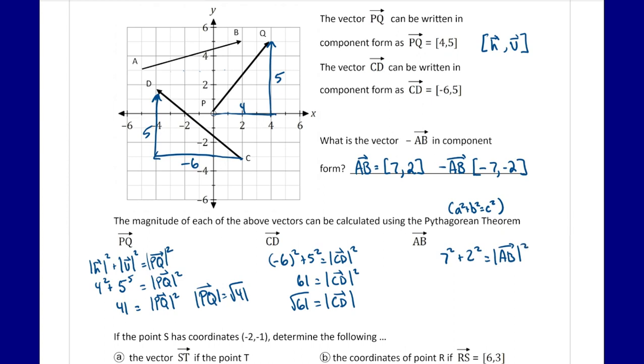So 49 plus 4 is 53. So 53 equals the magnitude squared, and then take the square root. So the magnitude of vector AB is the square root of 53.